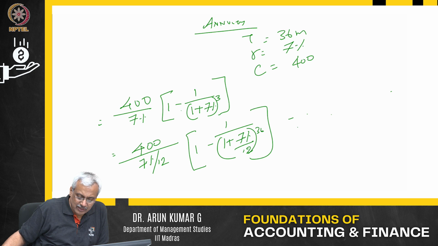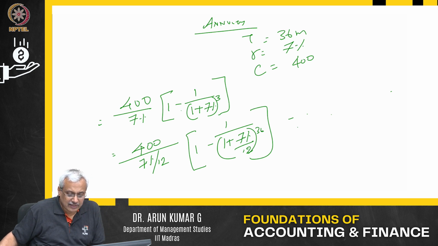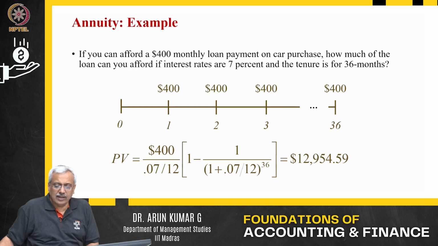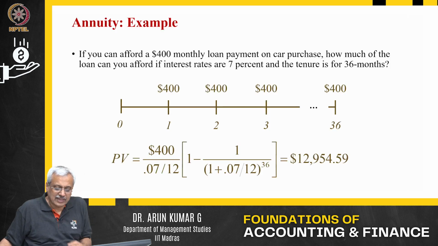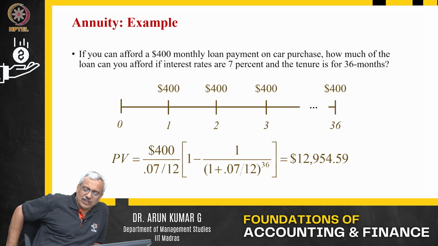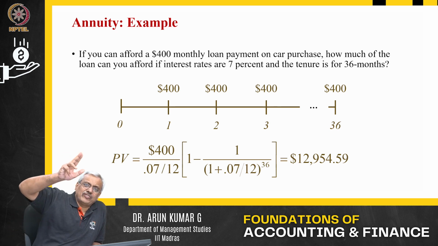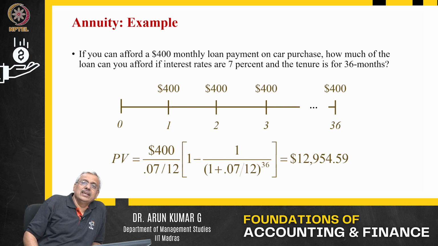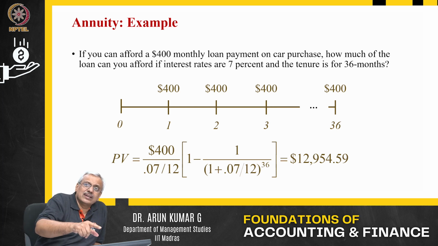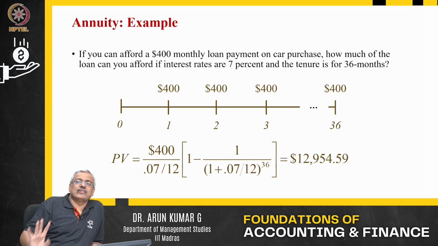That is basically what I have done in this case. If you do that, you will get about 12,954.59. So if you borrow 12,954, you can repay the entire loan at the rate of 400 for 36 months at an interest rate of 7%.